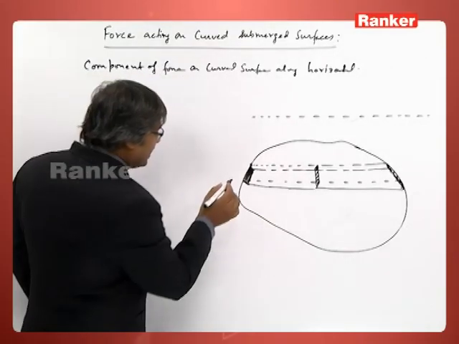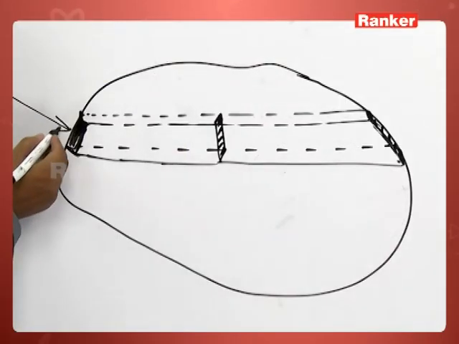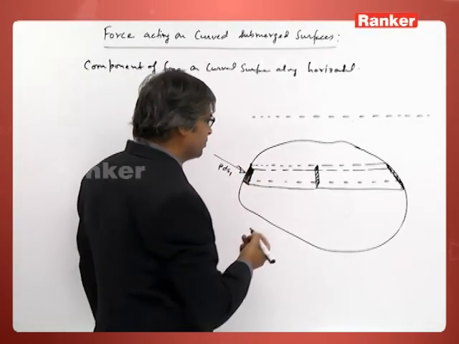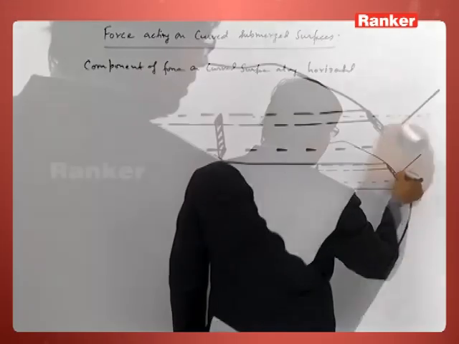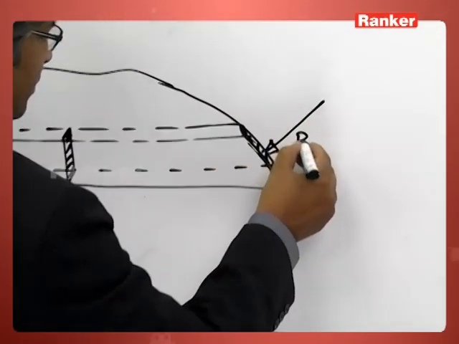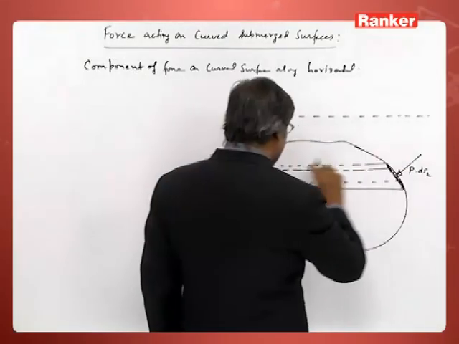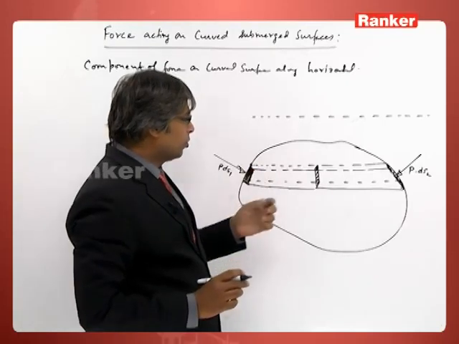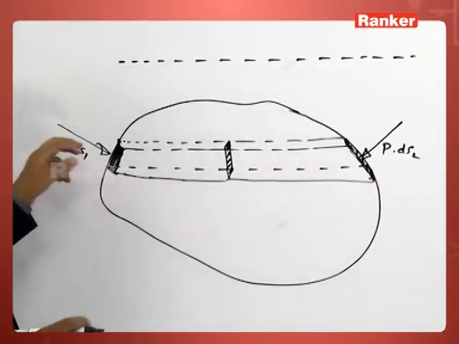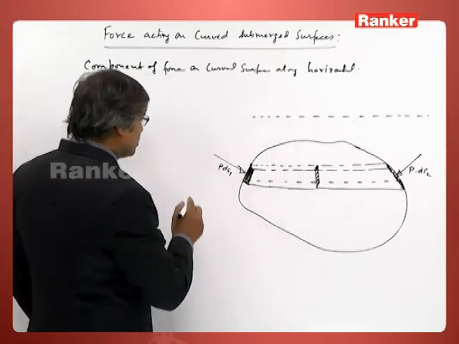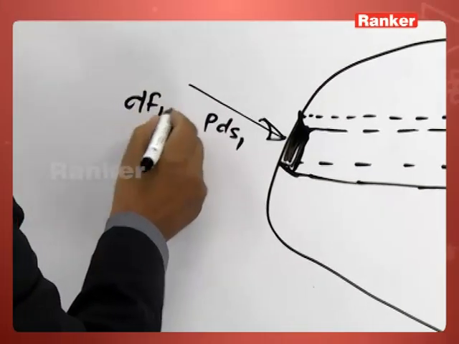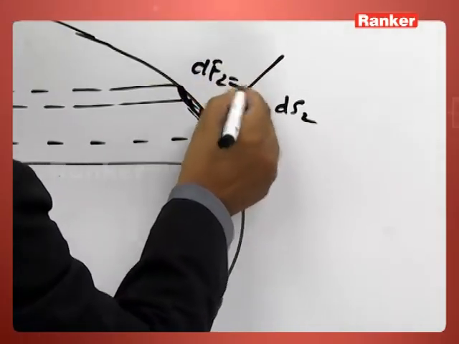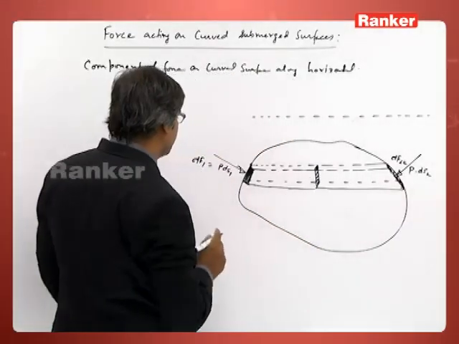Now the force acting here is in this direction, and this is P into ds1. This area is ds1, and the force acting here is P, and that is ds2. Since they are at the same level, they have the same pressure. So we have different force normal to these surfaces. So I call this df1 and I call this df2. df2 is equal to P ds2.